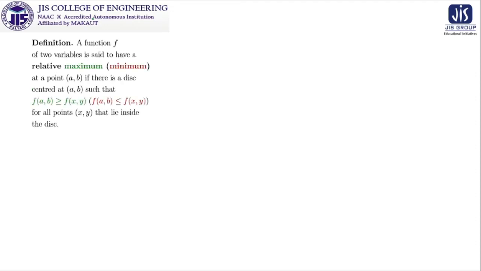In the last class we have defined the relative maxima or minima, meaning extrema, in the context that a function of two variables is said to have relative maxima when f(a,b) is greater than or equal to f(x,y), where (a,b) is a point in the disk and we are comparing this particular functional value for all points (x,y) that lie inside the disk.